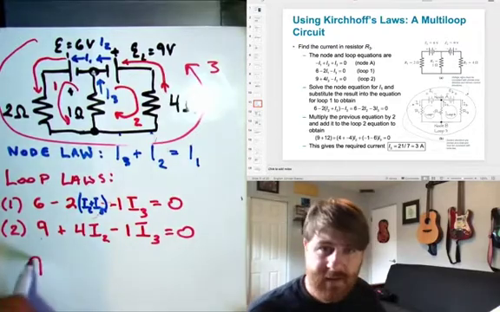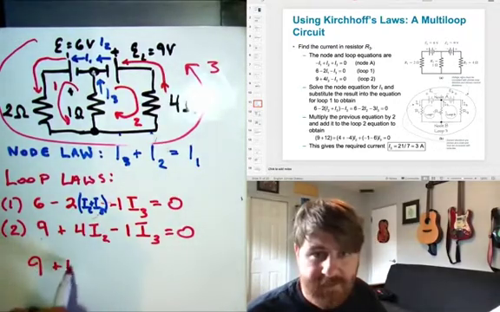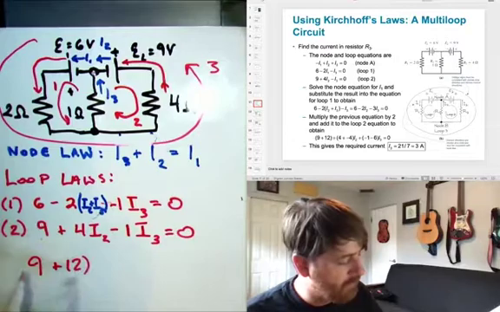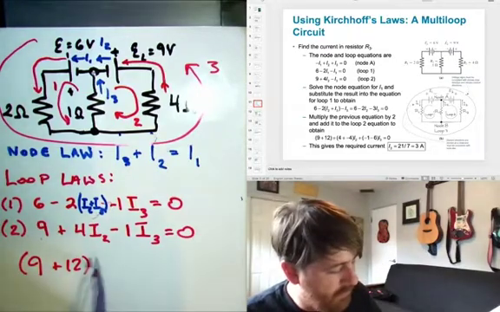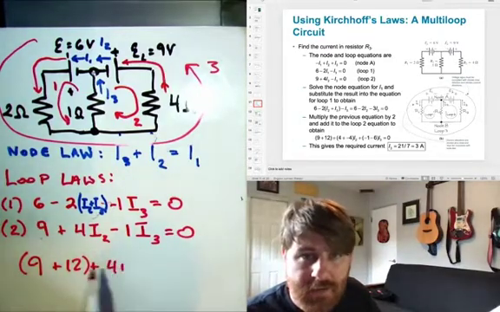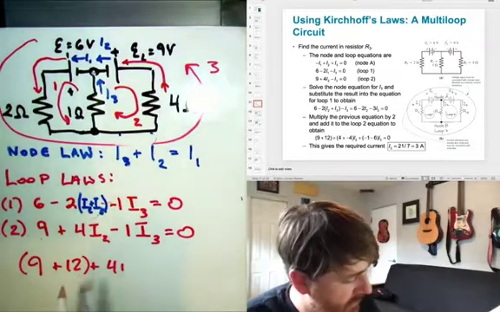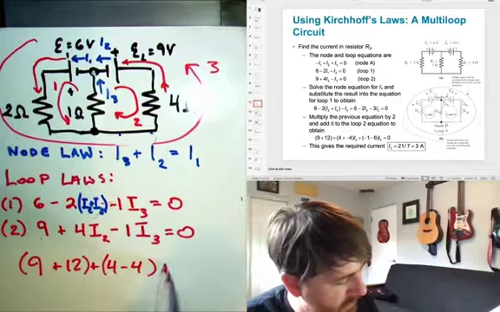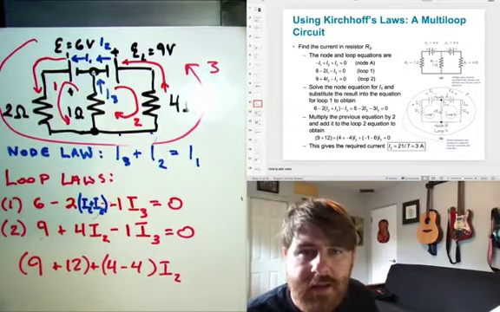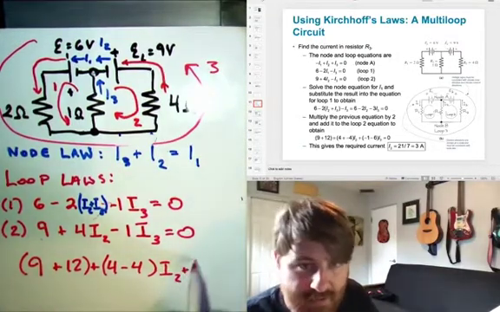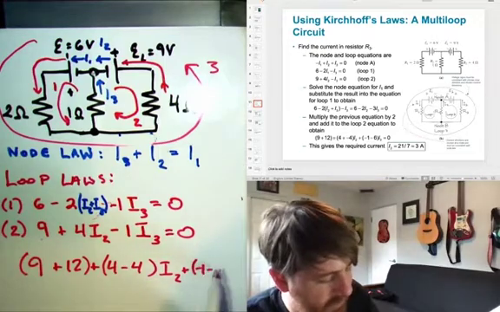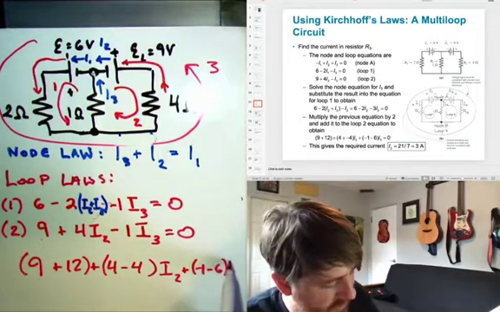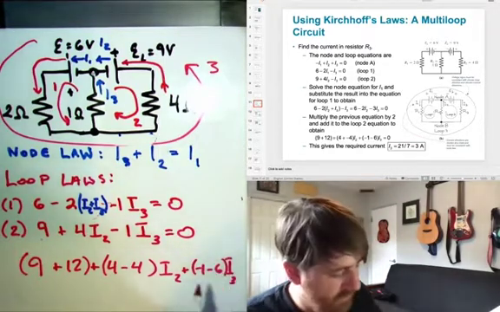9 plus 12 plus 4 minus 4 I2, and then plus minus 1 minus 6 I3 equals 0.